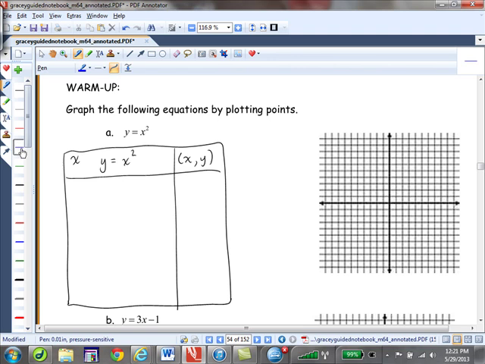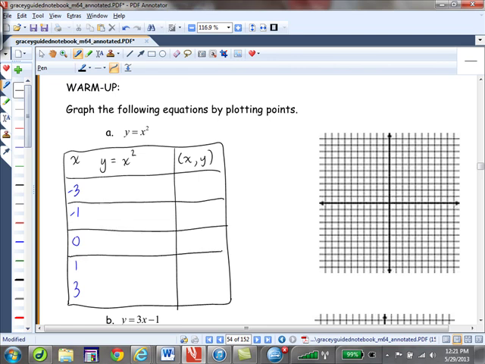And I'm going to go ahead and take my own advice, and I think I'll just go ahead and do -3, -1, 0, 1, and 3. You don't have to do those, but they're easy enough to pick.